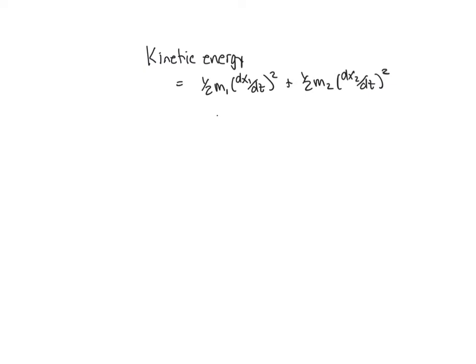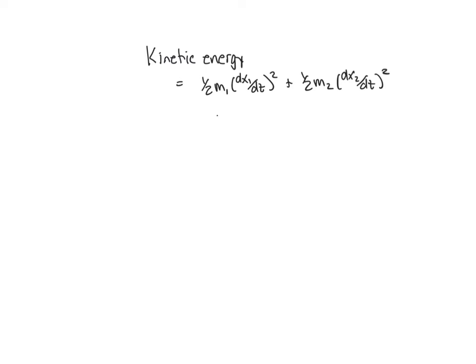In our X1, X2 coordinate system, we can write the kinetic energy as 1/2 m1 times the velocity of m1 squared, recognizing that the velocity is just the derivative of x with respect to time. Then I add the kinetic energy of my second particle, plus 1/2 m2 (dx2/dt) squared, the velocity of mass 2 squared.